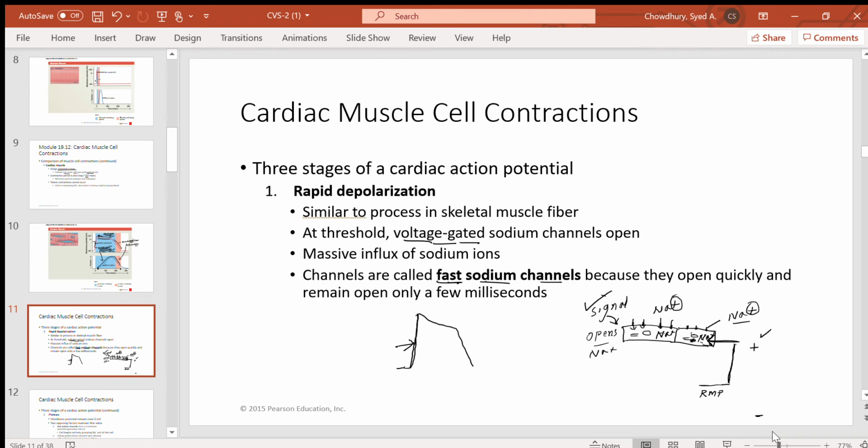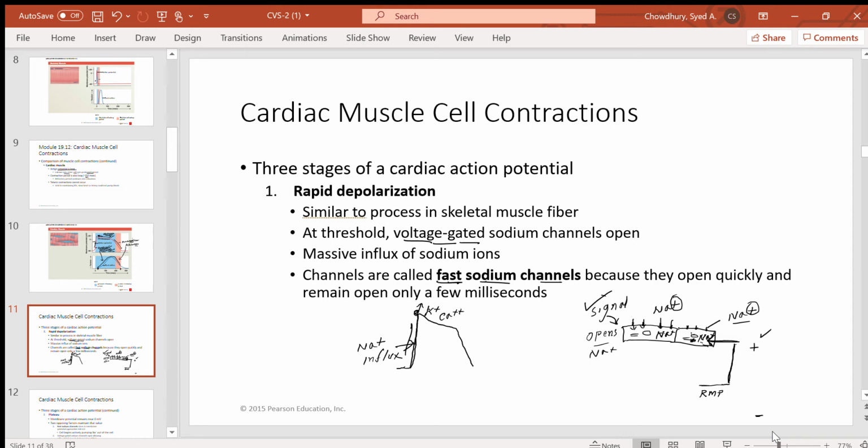And then what will happen? This is due to sudden sodium influx, that's why it is sharp. And then what happens next? The sodium channels get closed here, so it will not go upwards anymore. Then here potassium channels start to open, as well as calcium ion channels.